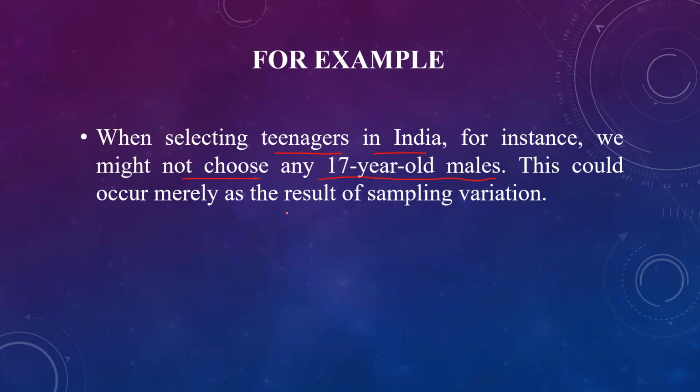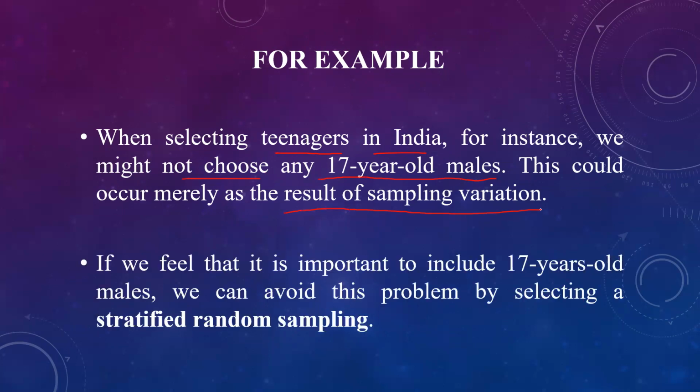This could occur merely as the result of sampling variation. So, if we feel that it is important to include 17-year-old males, we can avoid this problem by selecting a stratified random sample. Now, how to begin?